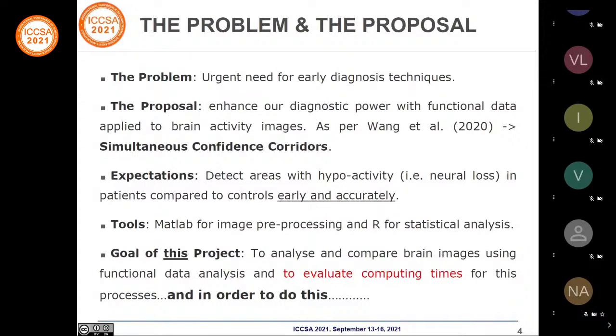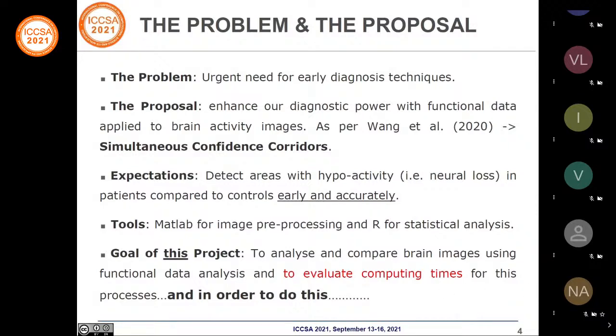Because if the time that we need for it is just absurd, like maybe weeks, and this can happen with functional data analysis, where with cumulative effects you can end up needing weeks of your computer working to obtain any result.